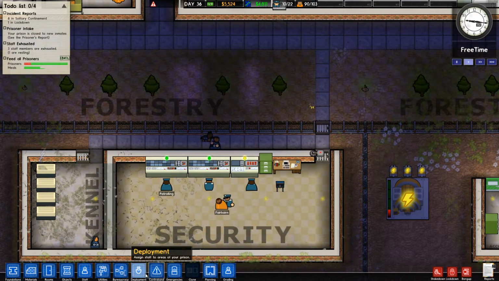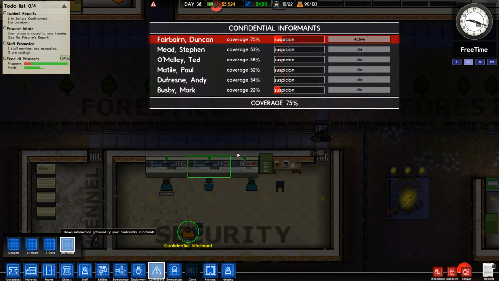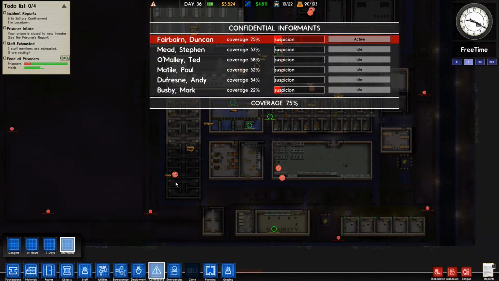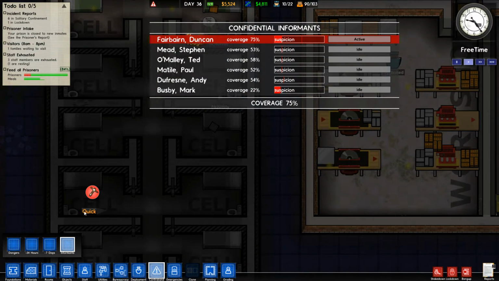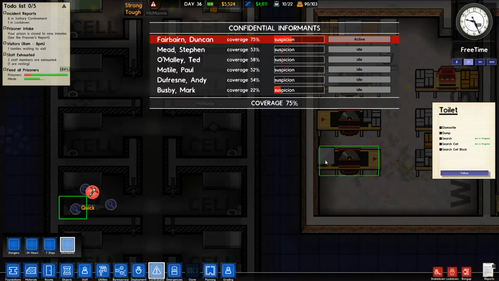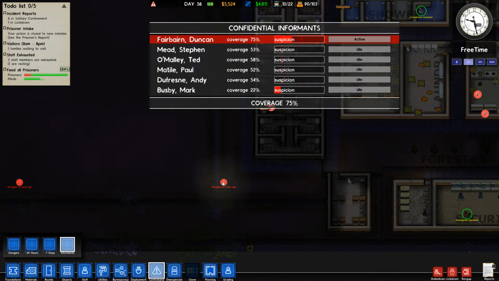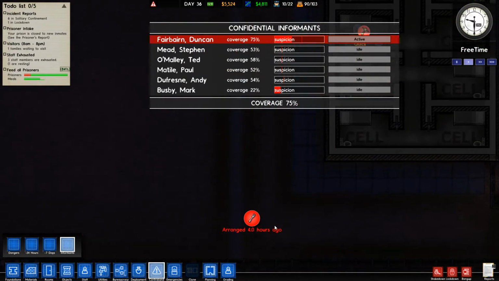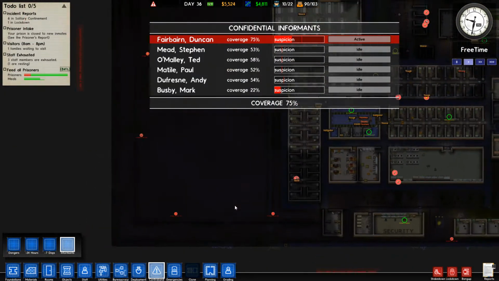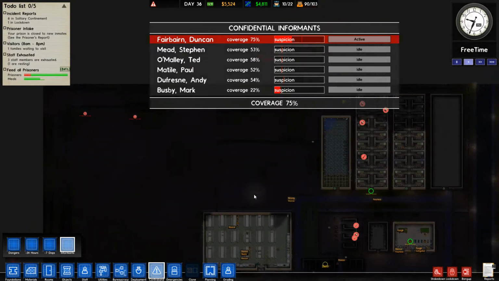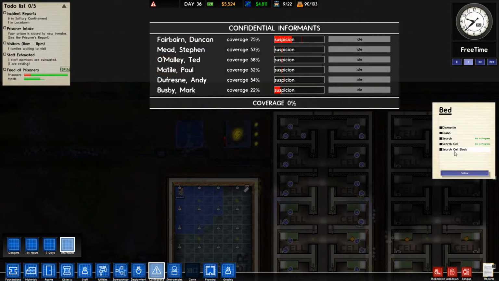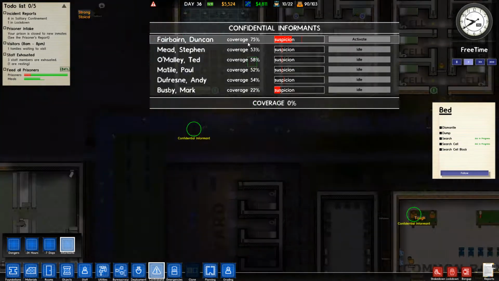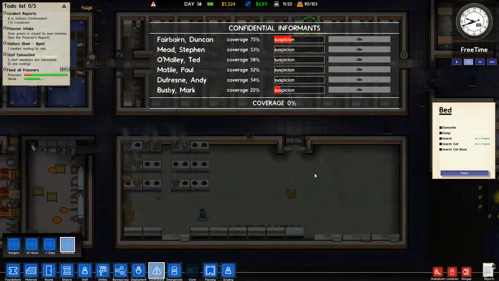Okay, Mr. Fairbarn, what can you tell me about my prison? You have 75% coverage. We know that this guy has... what's that, a pickaxe? Search this cell. They're still throwing in stuff, but that was 4 hours ago, before I managed to cordon off this area. We know that this guy has booze. Oh damn it, he already left.